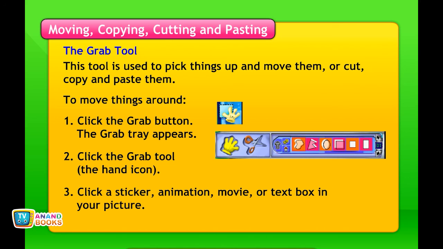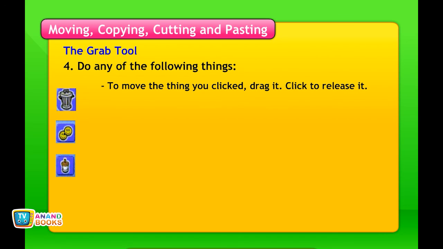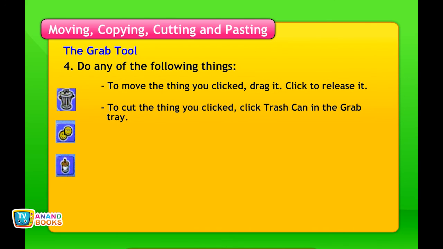3. Click a sticker, animation, movie or text box in your picture. 4. Do any of the following things. To move the things you clicked, drag it, click to release it. To cut the things you clicked, click trash can in the grab tray.